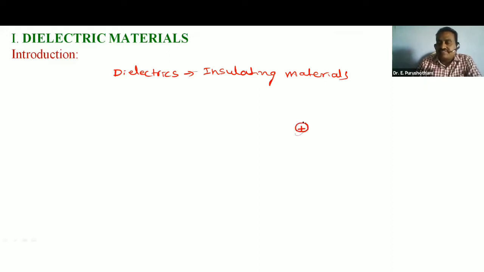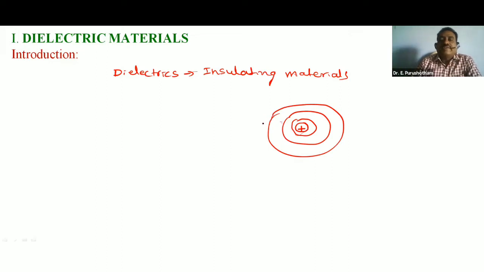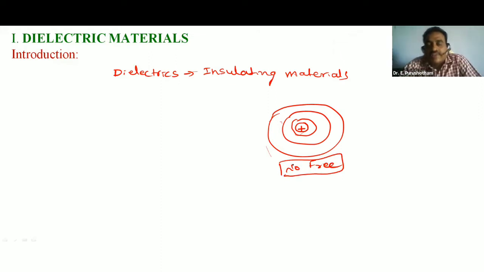For example, this is a positive nucleus. The electrons are revolving around the positively charged nucleus, so there are no free electrons. No free electrons means the electrons are strongly bound to their positively charged nucleus.